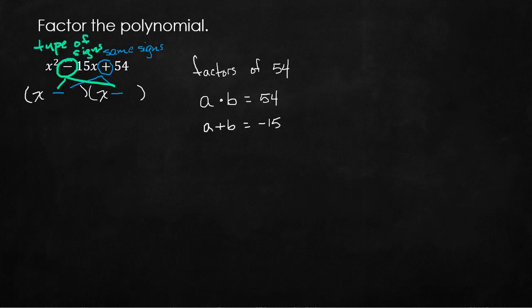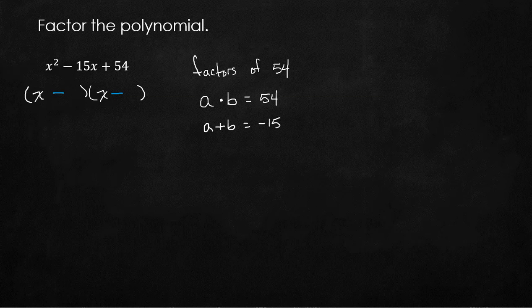Now I'm going to erase a bunch of this to get some stuff out of our way. And again, that should serve just as a little bit of a review. All right, but we need factors of 54 that add to make 15.